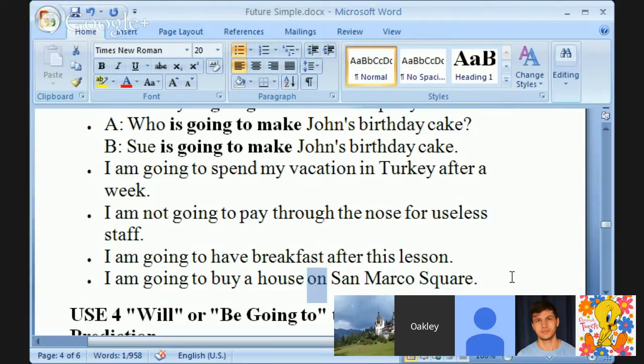If you're buying a house next to the square, you're not really in the square. The square is an open area. So you're on the edge, so we use on. We had lunch in San Marco Square, for example. So a little interesting thing with prepositions. That's correct, though. Very good.